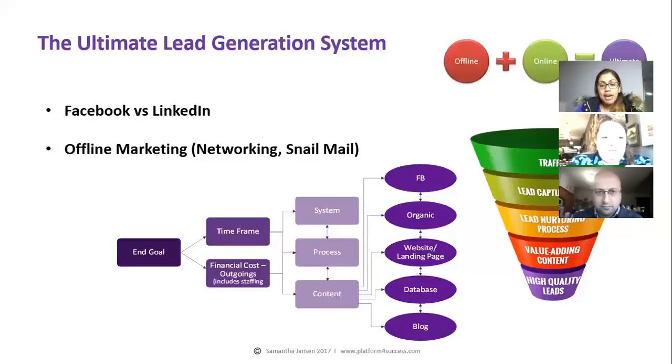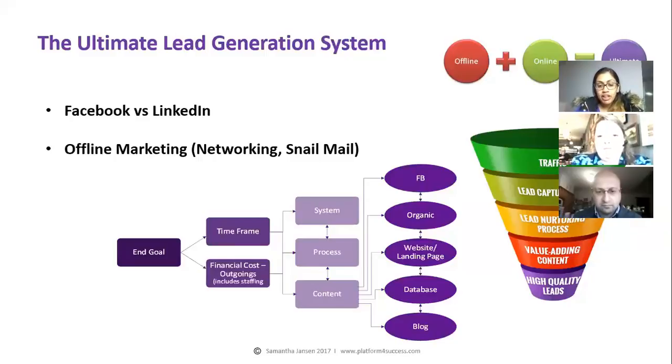I want you to pay attention to the purple diagram, the different colored purple boxes. You've got your end goal, which you can see first. Then that goes into time frame and financial costs, and that includes staffing, contractors, outsourcing. If you're getting somebody to do some graphic work for you, that all goes into financial costs.